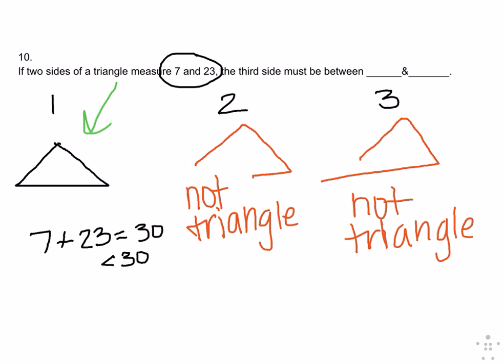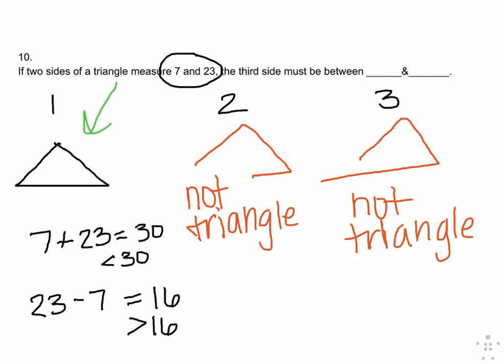And then the third side has to be longer than the difference of the 2 sides. So if we subtract, 23 minus 7 is 16. So it has to be longer than the difference. Okay.